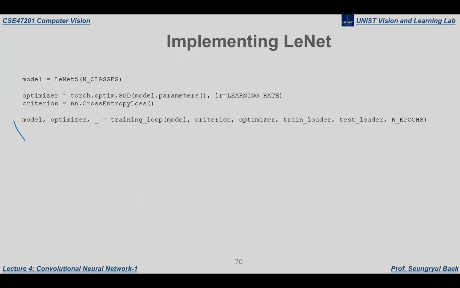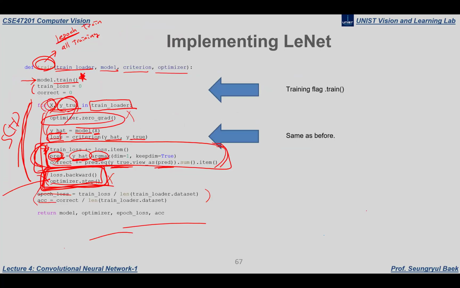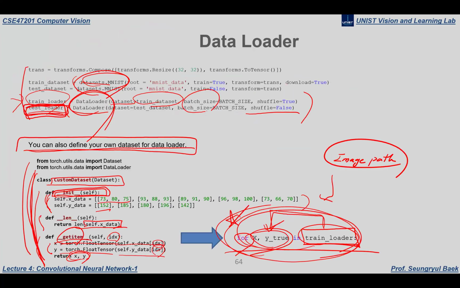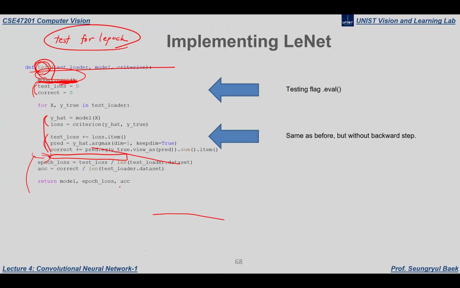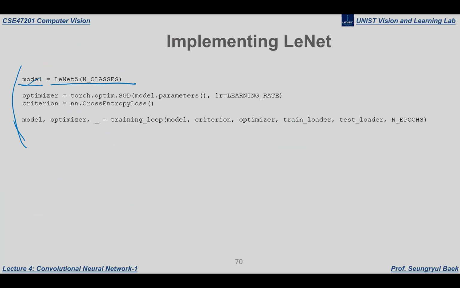And this is the top module. At the top, you have to define your model using the model we saw here. So using this class, we are making the LeNet architecture here, and defining the optimizer using SGD.